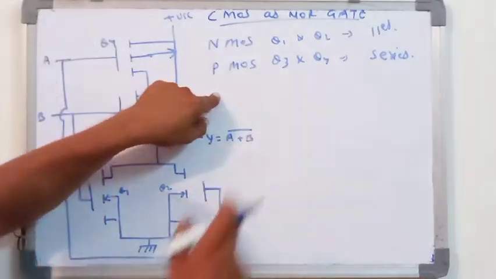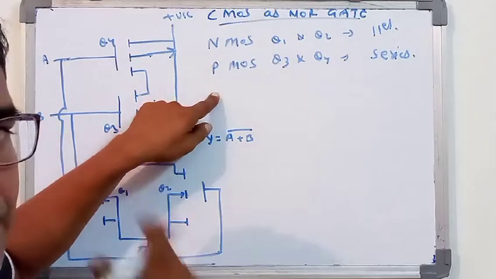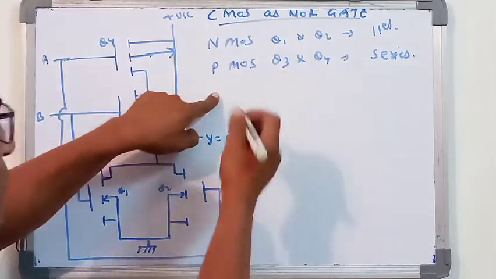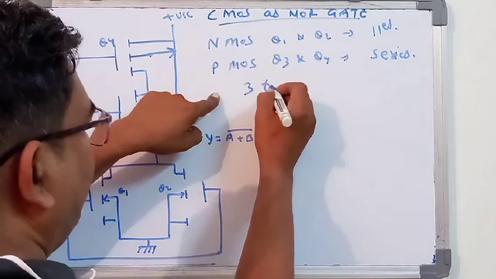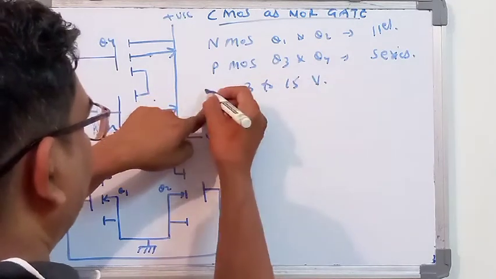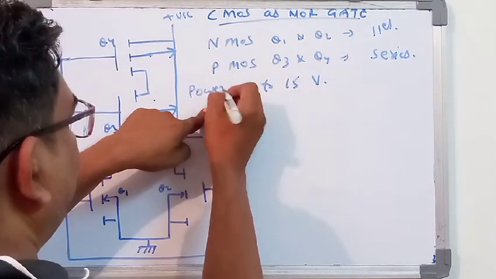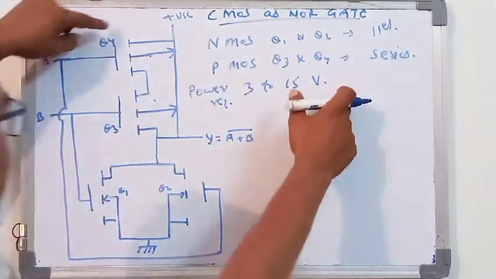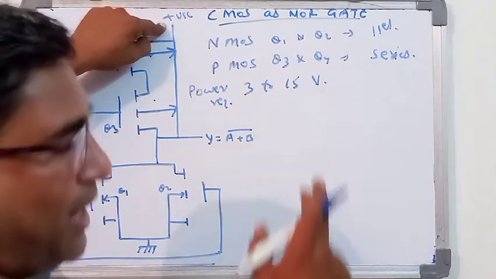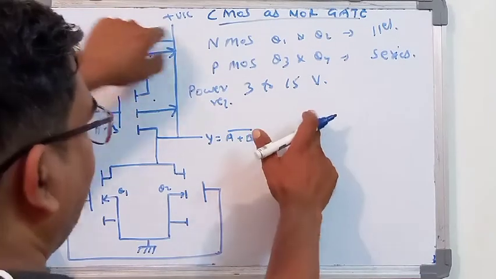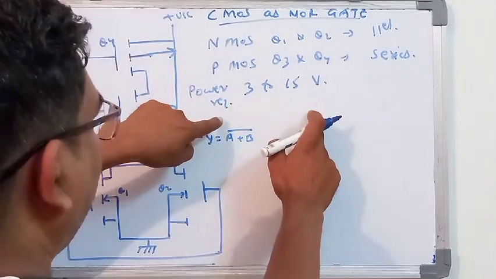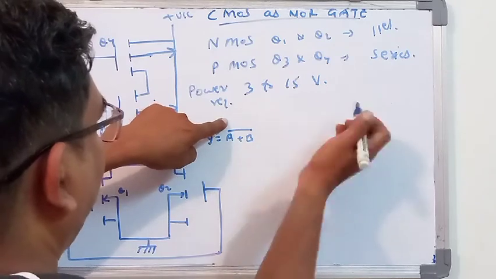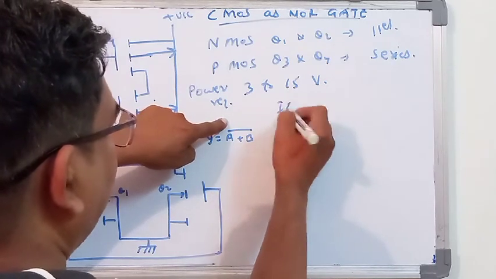Okay, the power required for this particular CMOS is 3 to 15 volt. What is the power required? It is 3 to 15 volt, but this time we are giving the plus VCC as 5 volt.